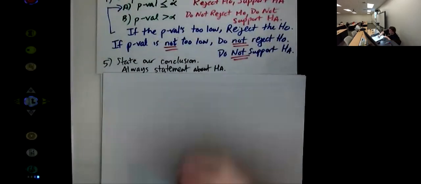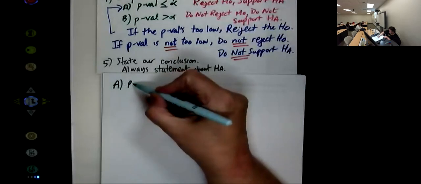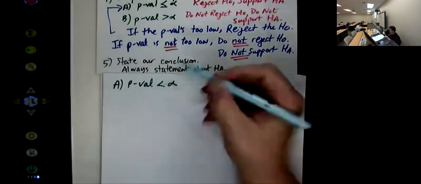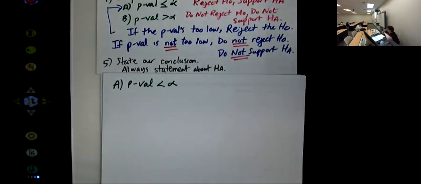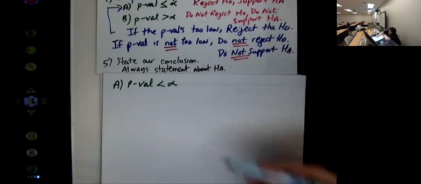All right, so what possible statements can we have? If the p-value is too low, the p-value is less than alpha, we reject H naught, we support HA.